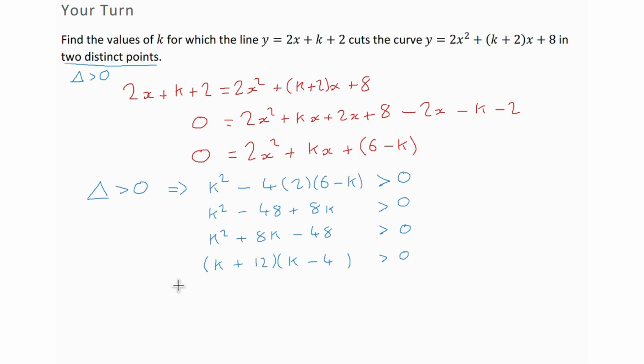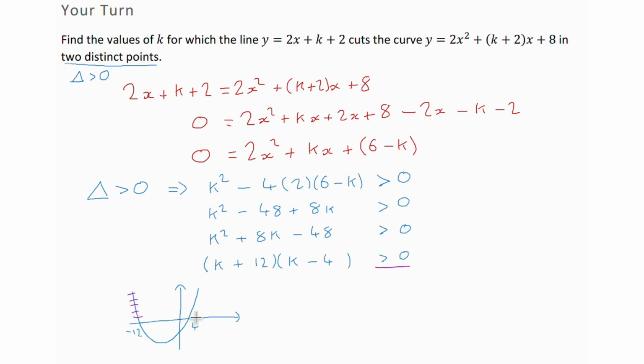Because this is an inequality, I'm going to sketch the graph quickly to see when it is what I want. It is a positive quadratic going through negative 12 and positive 4. When is it bigger than 0?